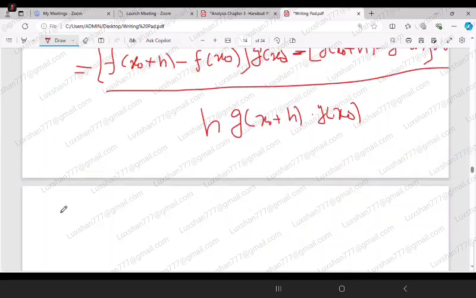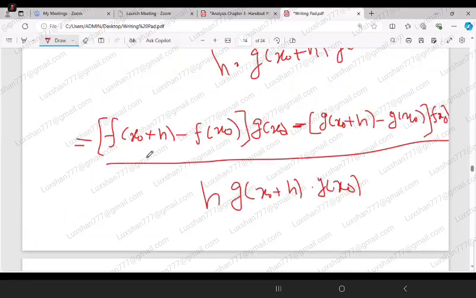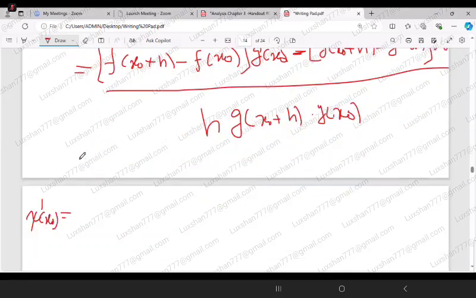So now if you take the limit, here actually we have psi dash x naught equal to, now you are taking the limit.